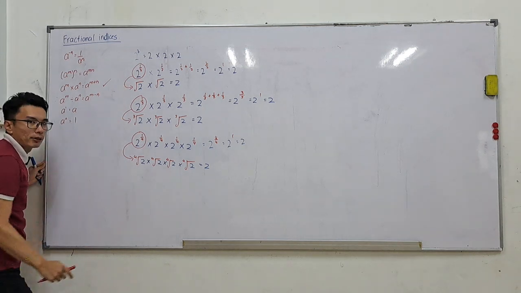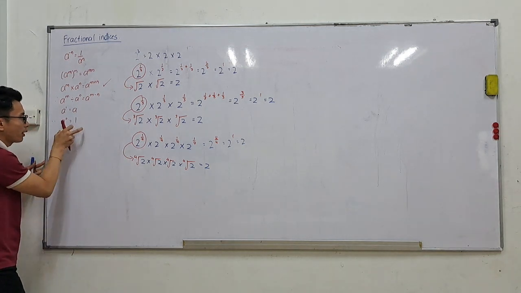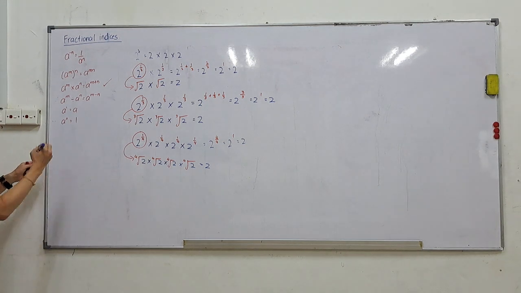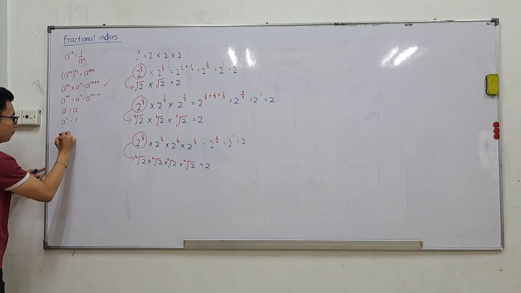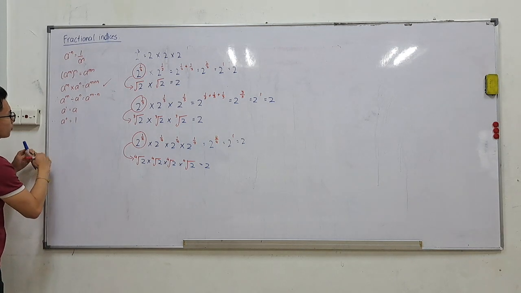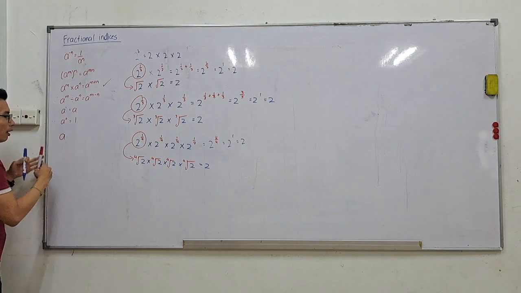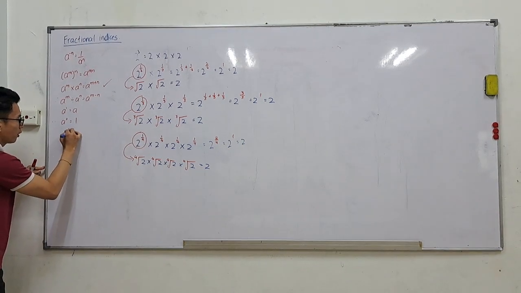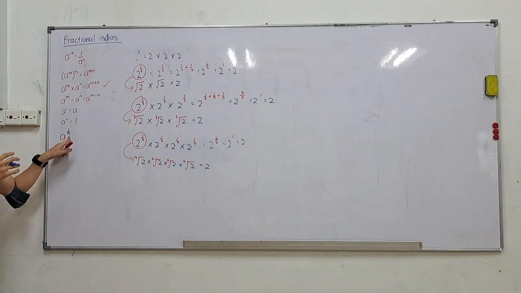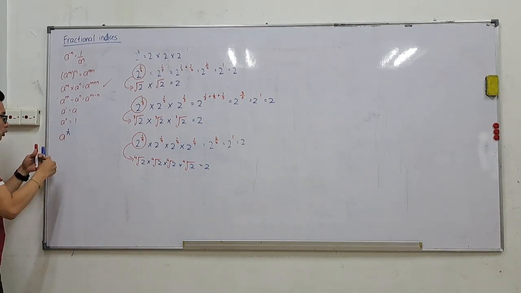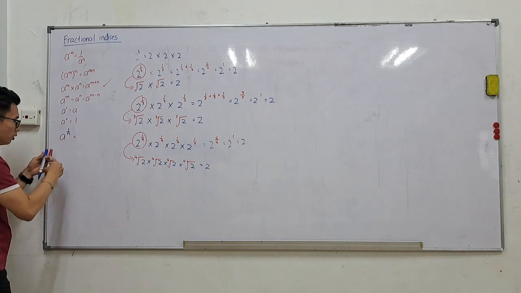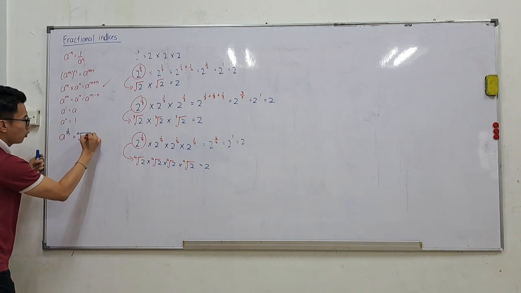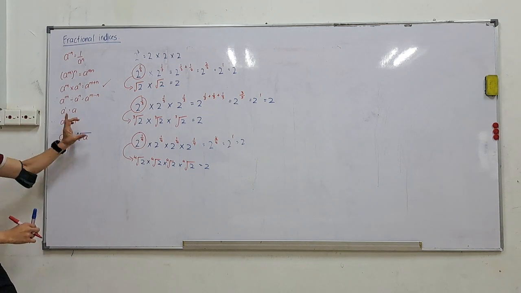Based on this pattern, we can write down a new rule. If I have A raised to the power of 1 over n, where n can be any number, I can rewrite this as the nth root of A. That's my new rule.